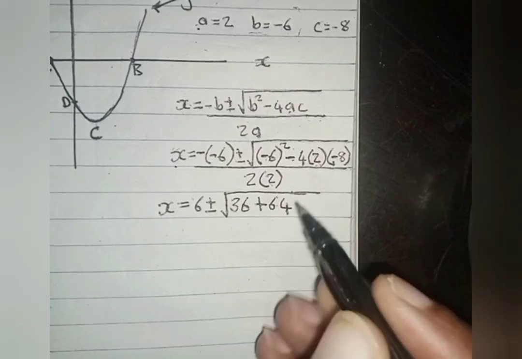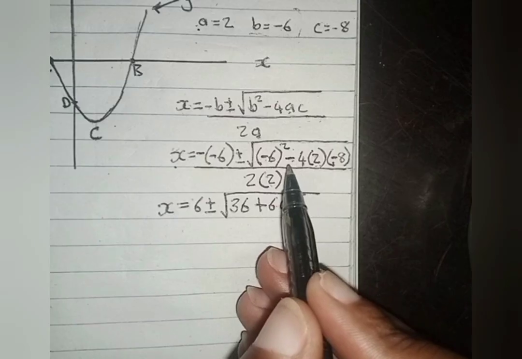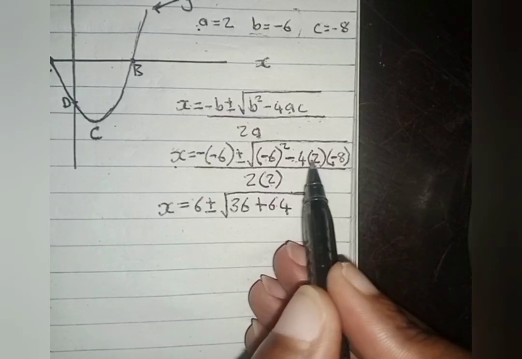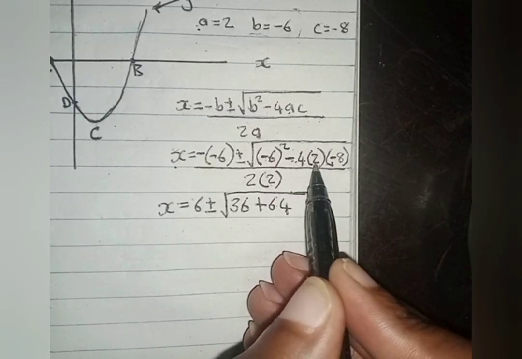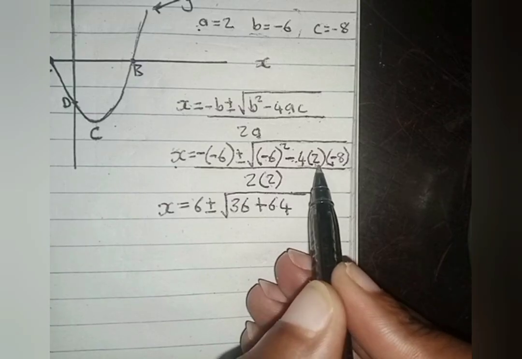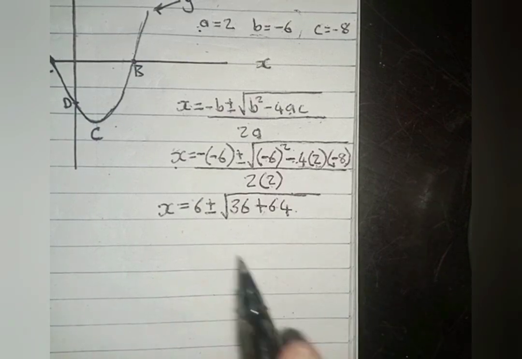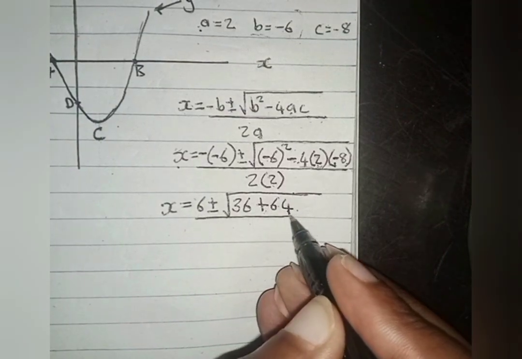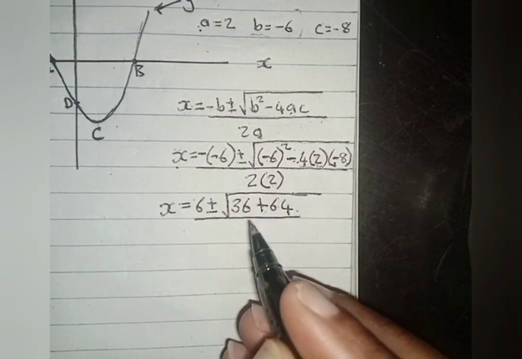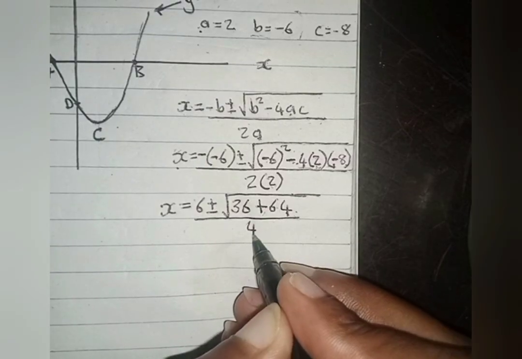Like that. So ensure that you follow the procedure very well. So we have -4 times 2, we get -8. -8 times -8, we get +64. Then over 2 times 2, we get 4.